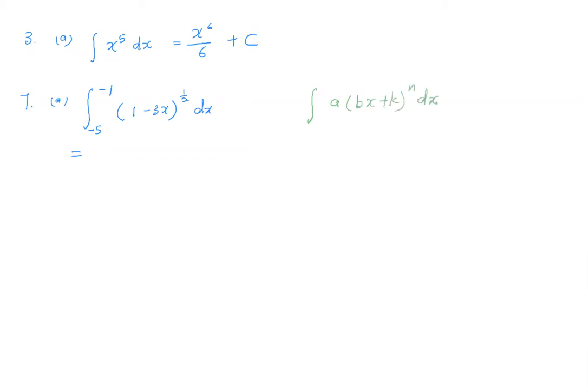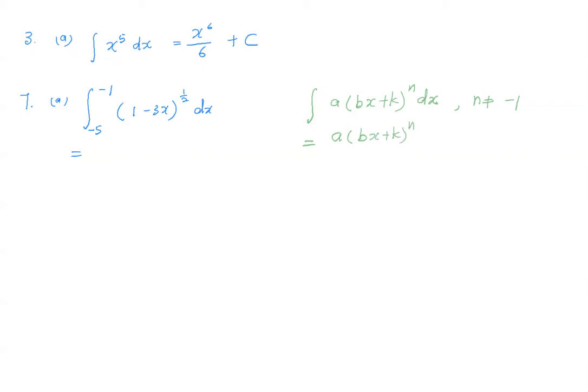Is there a restriction for n? For this formula, can I use any value of n? n cannot be -1. Yes, there is a restriction. So the answer is copy down the whole thing.